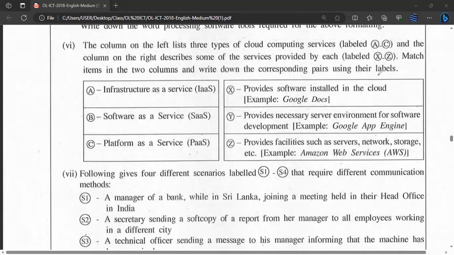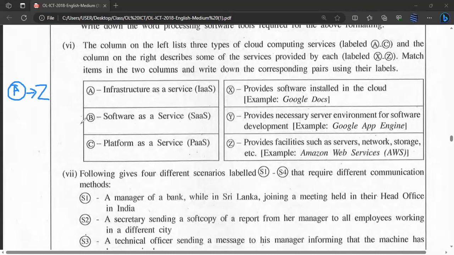So infrastructure as a service provides facilities such as servers and network storage. So A, answer is going to be Z. Right? So infrastructure as a service provides facilities such as servers, network storage. Those are the infrastructure as a service. Example, Amazon Web Services, right?